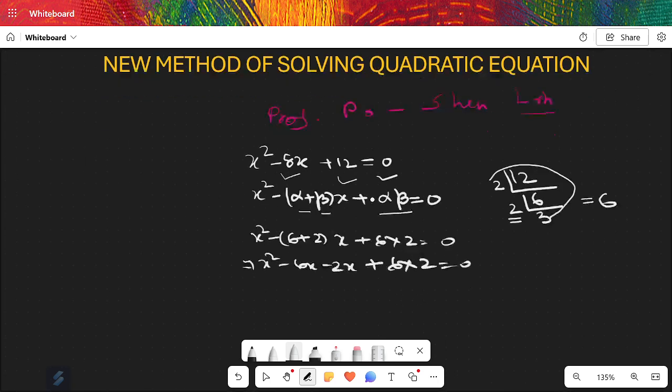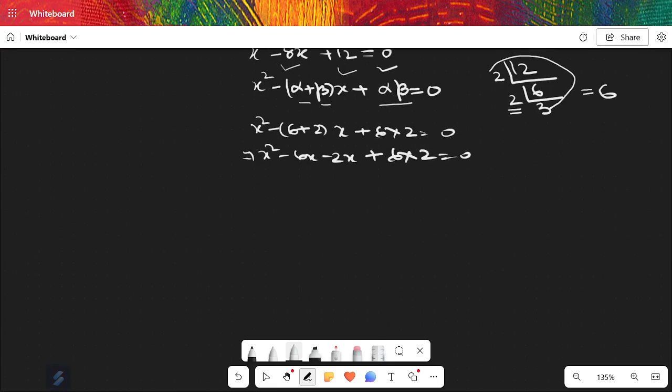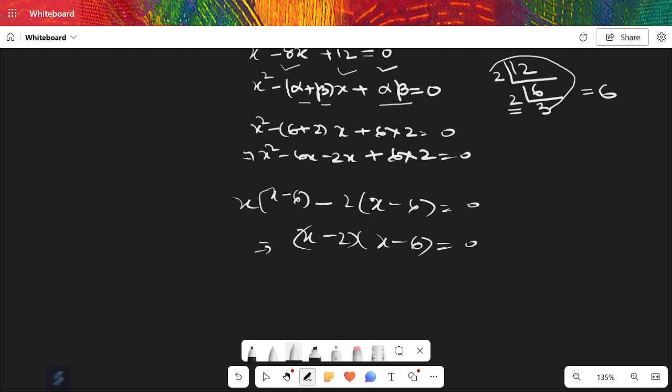Now if you take common, you will get x minus 6 and minus 2, so x minus 2 into x minus 6 is equal to 0. So this is our factorization. This is the traditional method.